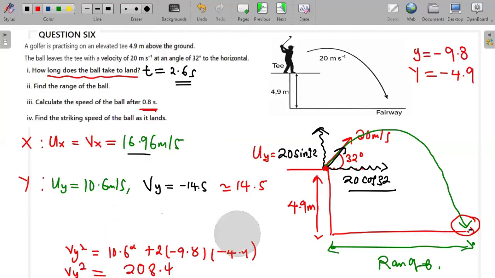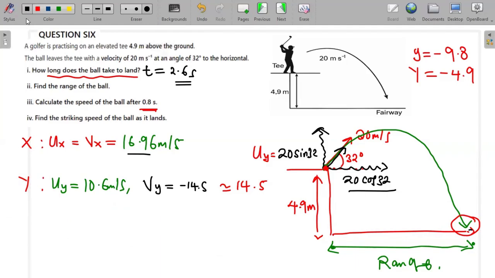Now that we have the final velocity in terms of the y and the x, we can find the velocity. This will be the square root of 16.96 squared plus 14.5 squared. If you want, you can put minus 14.5, because you're going to square it, it doesn't matter.